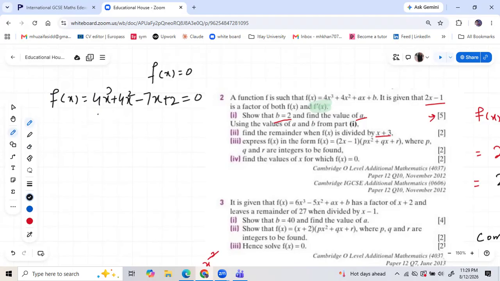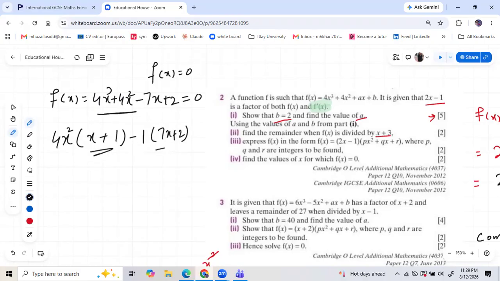From here we take 4x as common, so this is x plus 1. But look at it here, to find the value of x for which, if we take the common one, this is 7x plus 2.